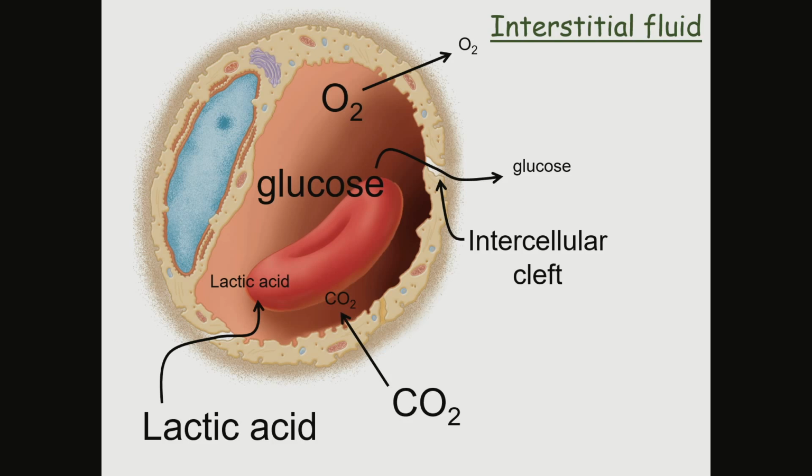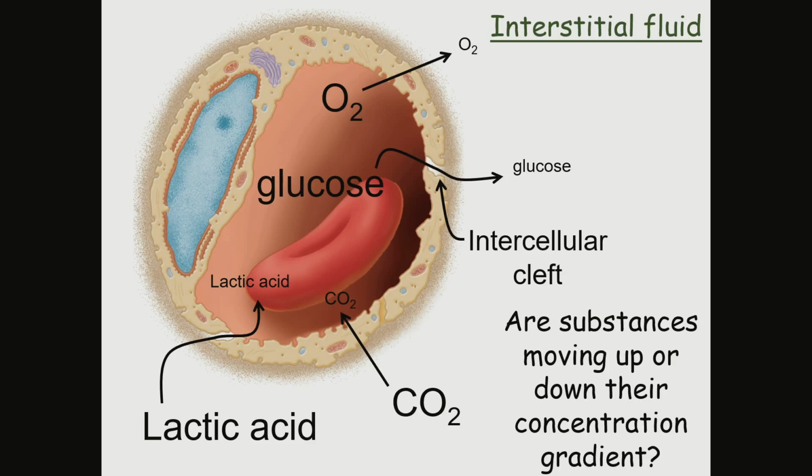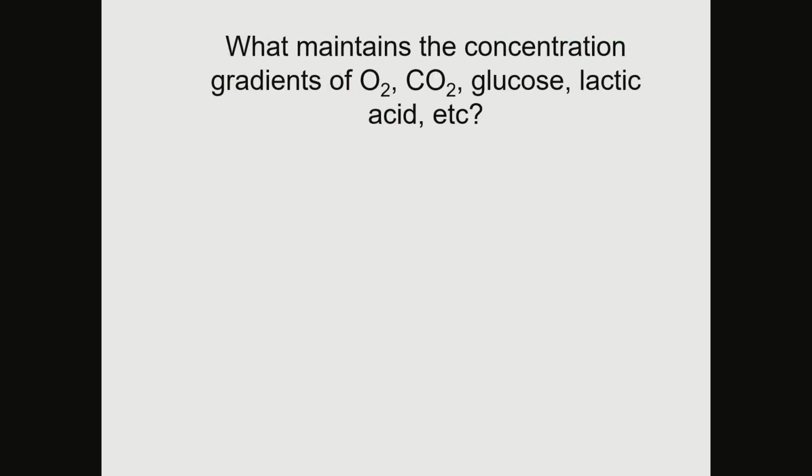Okay, that's pretty straightforward. And our substances are moving down their concentration gradient. They're always moving because this is diffusion. Now, I get oxygen coming out of the blood, right? Okay, and eventually it would reach equilibrium.